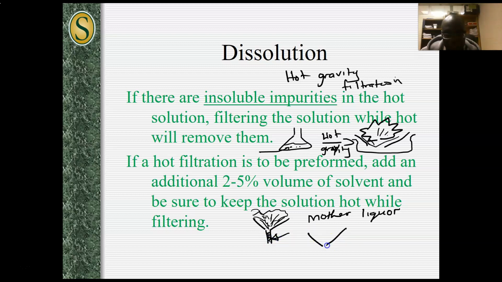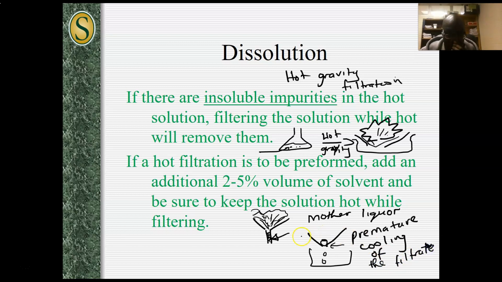That's why we use a glass funnel that's already broken. So immediately the liquid reaches this point, it drips down into your flask. We need to avoid premature cooling of the filtrate, which is the liquid passing through the funnel. That's the reason why we're using a stemless funnel.